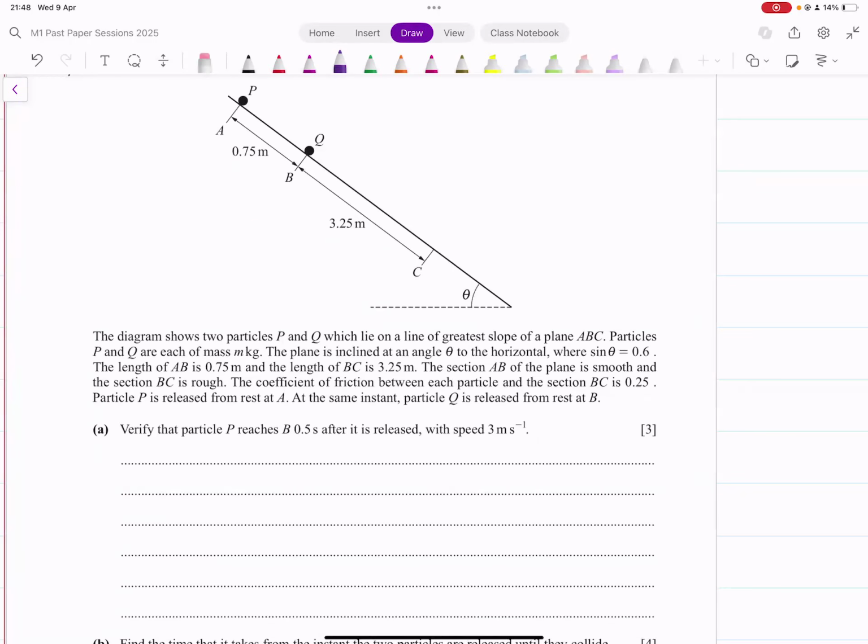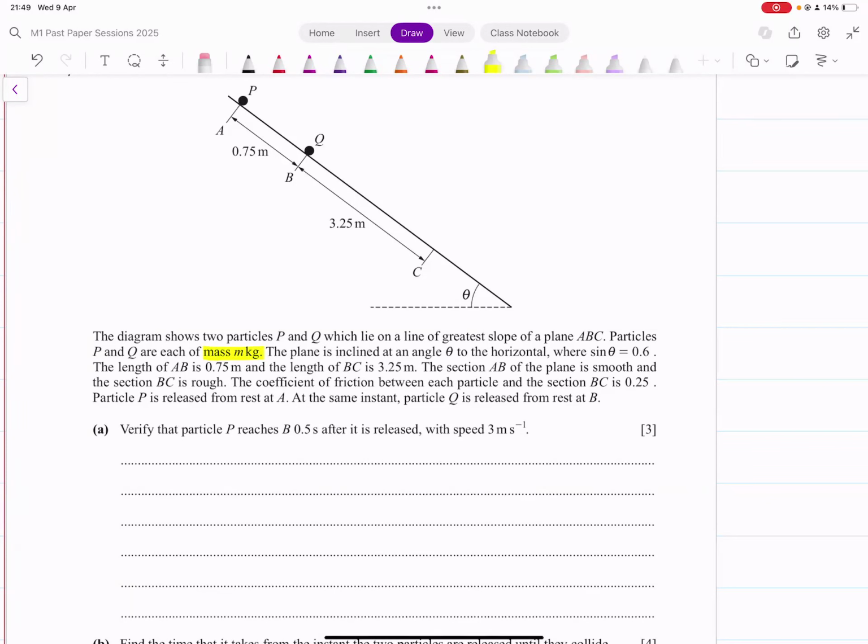The diagram shows two particles P and Q which lie on a line of greatest slope of a plane ABC. Particles P and Q are each of mass n kilograms. Let's read the question statement first. P and Q are these two.